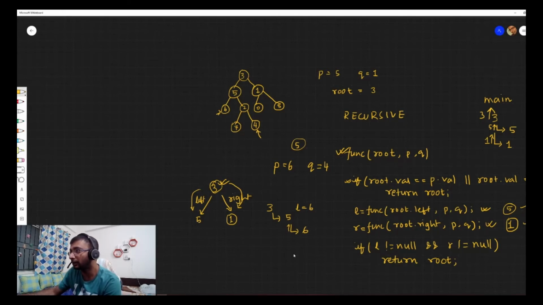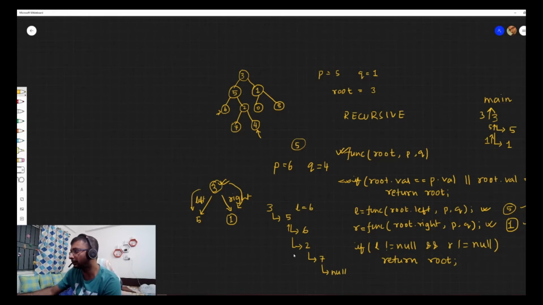Now 5 calls its right, so it calls with 2. And what does 2 do? 2 straight away calls 7. This condition is not matched in this case. So 7 calls with null.